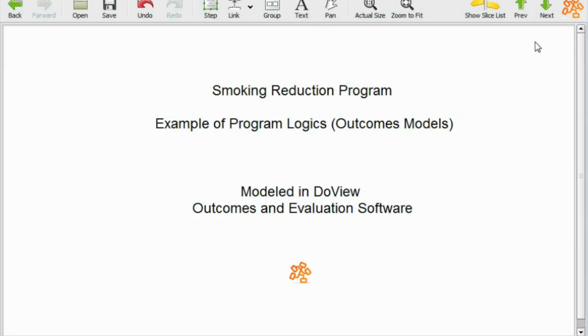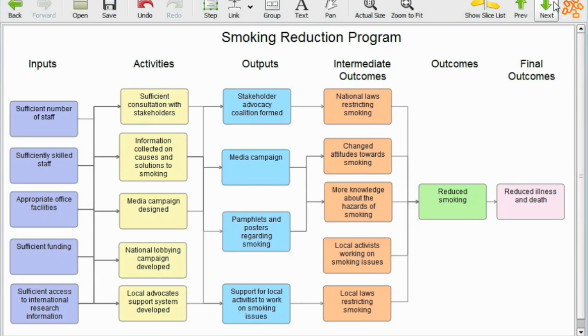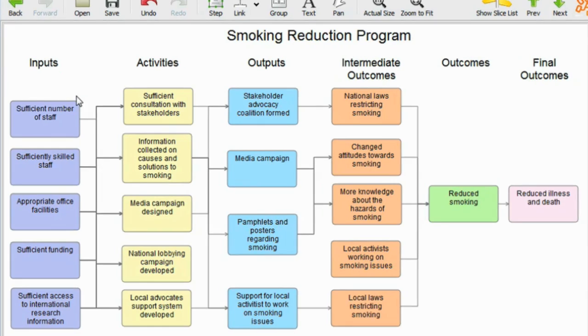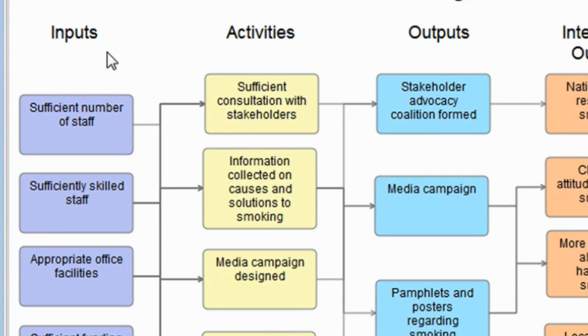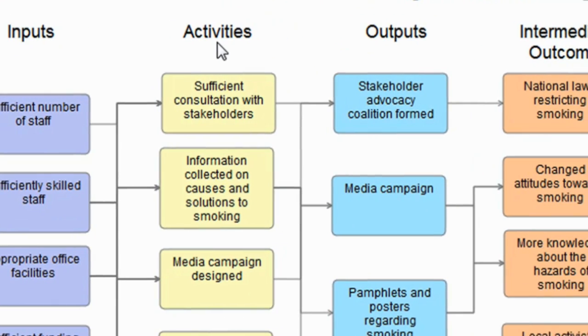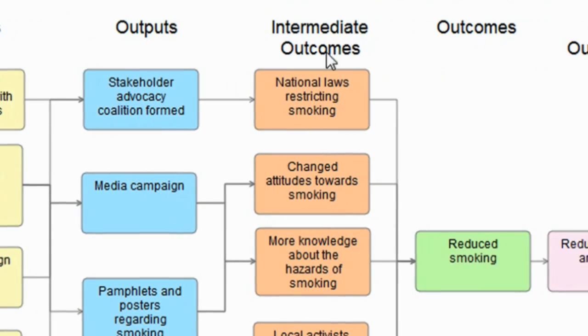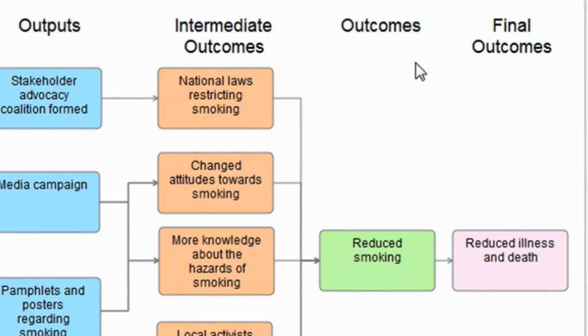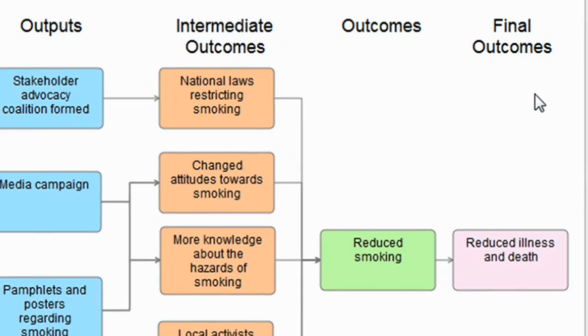There are various ways of setting them out, and what I want to do is show you several of these ways now, and I'm using DoView outcomes and evaluation software in which I've modeled these up. One way which they're often set out is in a left to right approach, which on the left hand side we have here the inputs, and then we move through to activities, outputs, intermediate outcomes, outcomes, and final outcomes in the model.